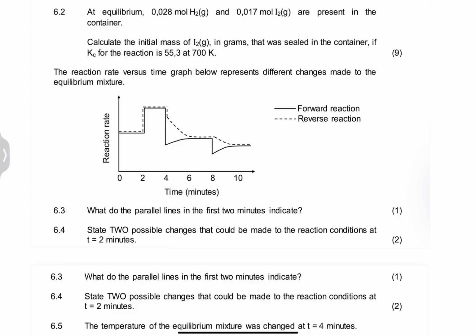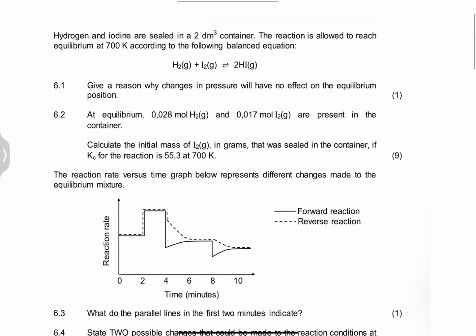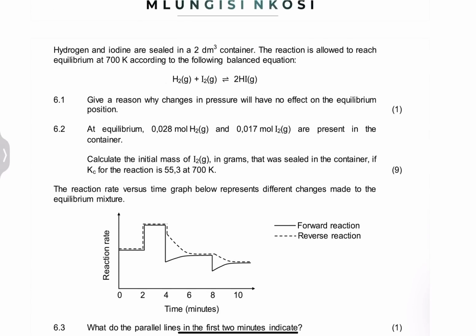Why? Because remember, a catalyst would increase both the rate of the forward as well as the reverse reaction equally. So we could have added a catalyst in that case. But also think about it, because our volumes are the same, right?